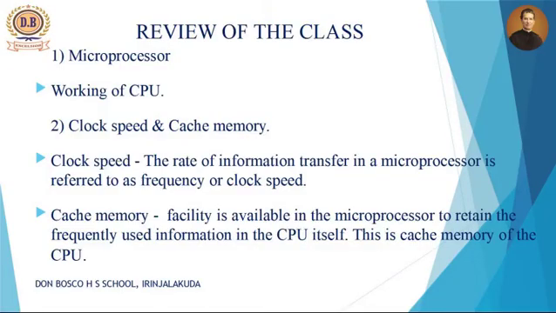We have discussed the first topic, the microprocessor and the working of the CPU. Information is transferred to the input device, and in the microprocessor we have the ALU, arithmetic logic unit, control unit, memory unit, etc. It will control the activities and also do the basic mathematical calculations, and the useful data will get stored in the storage of the computer and provide us the output.